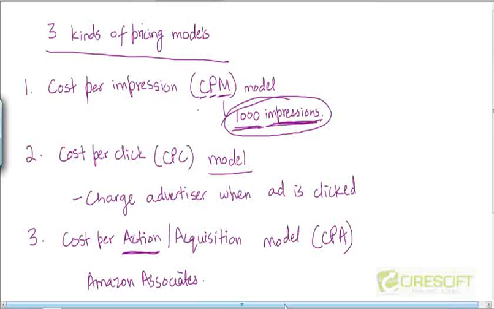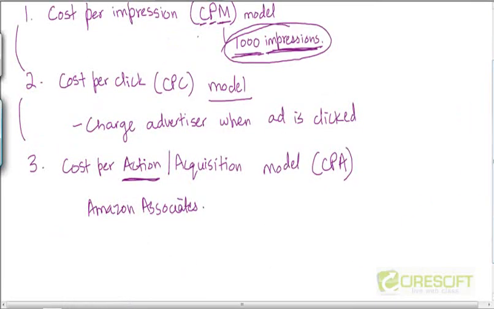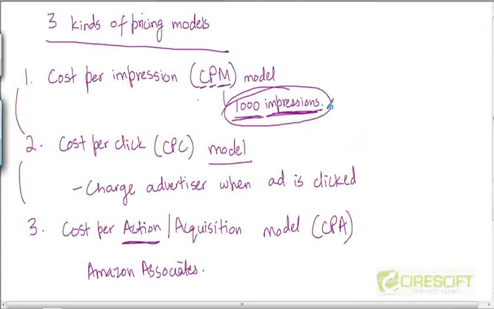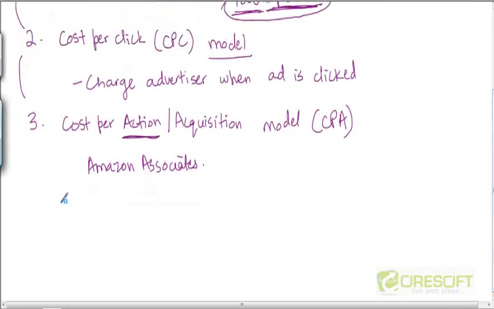So the next thing that I want to do is to try to connect these models together. Suppose we know that on average, for every 1,000 impressions, 1% of the people who see the ad actually click on it.